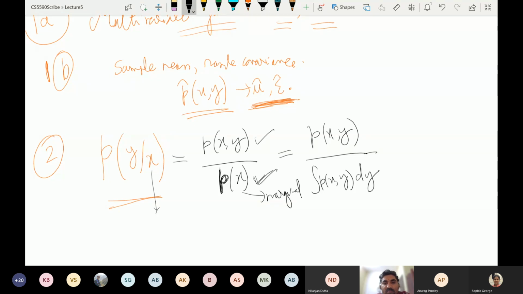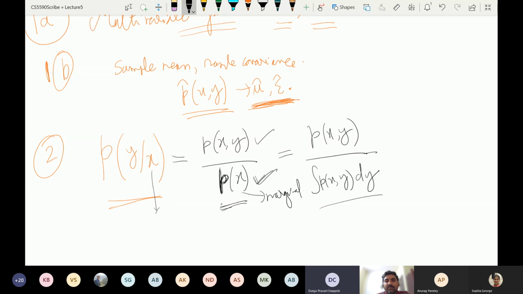Sir, there is no y term in the denominator, right? Which denominator? This one? Actually, in the previous step you mentioned it is a function of x only. There is no y component, right?